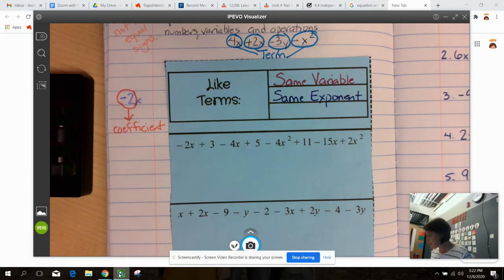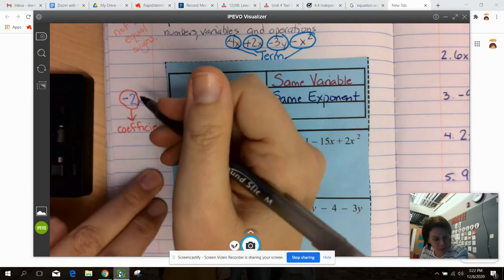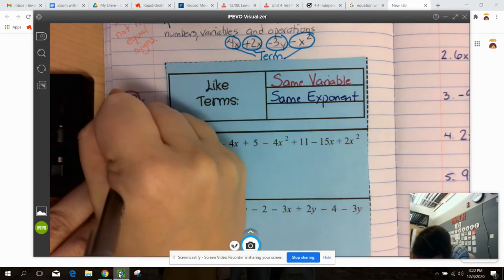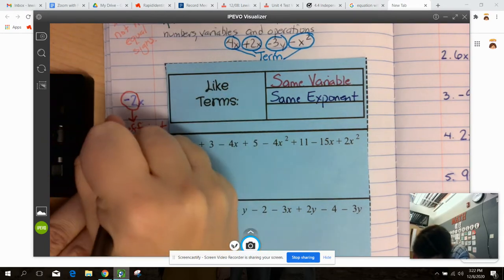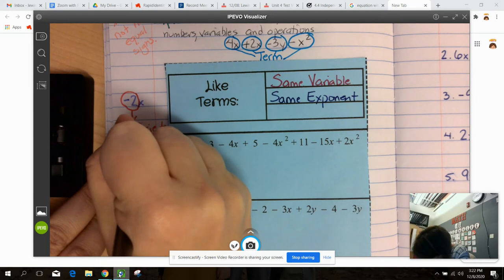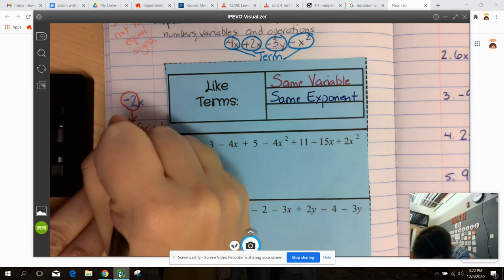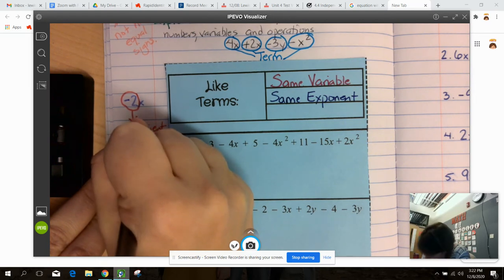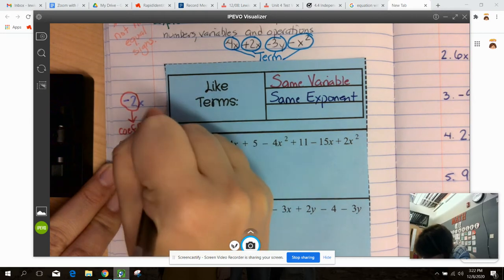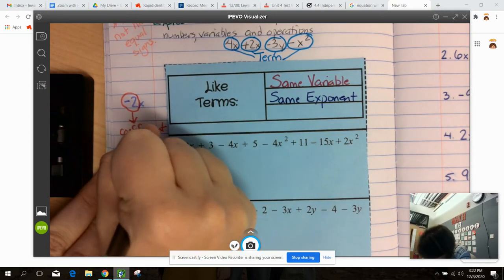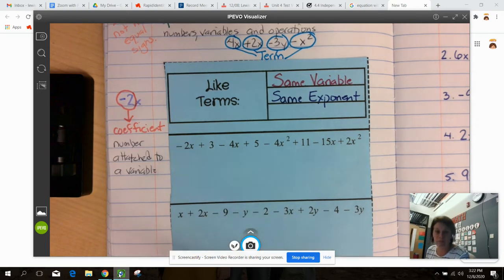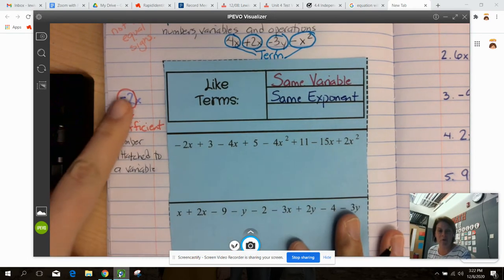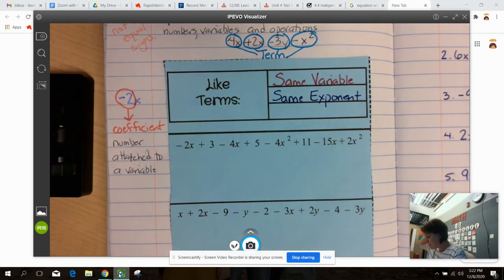A coefficient is a number that is attached to a variable. Okay, a number attached to a variable is called a coefficient. So this is a coefficient.